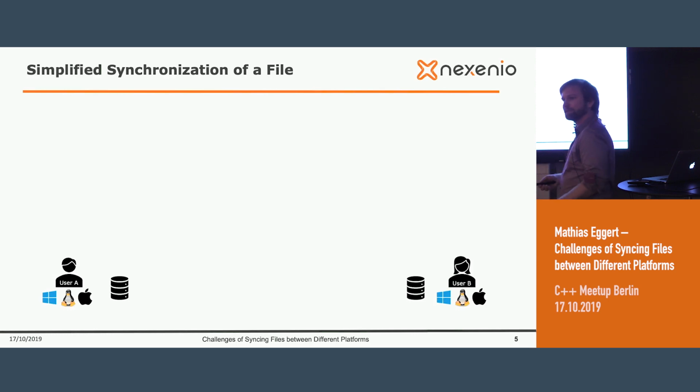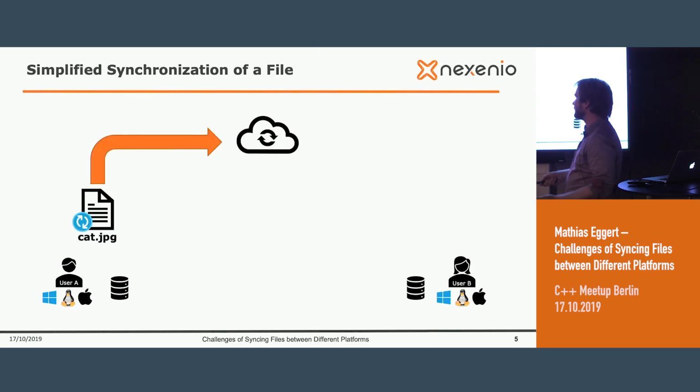This local database is needed to compare the state on the file system with the already synchronized state to detect renames, adds, modifications, and so on. That is important later. Now user A is putting the cat.jpg inside of the observed directory, and what happens is we are uploading the metadata information and the file content to the cloud, and finally we are synchronized and save the synchronized state inside of the local database.